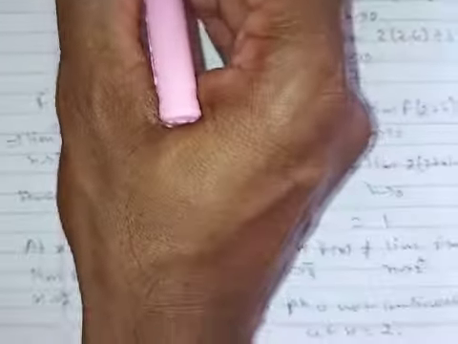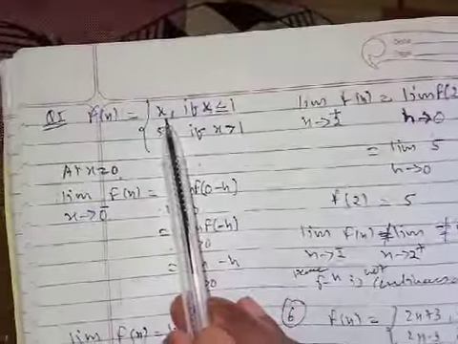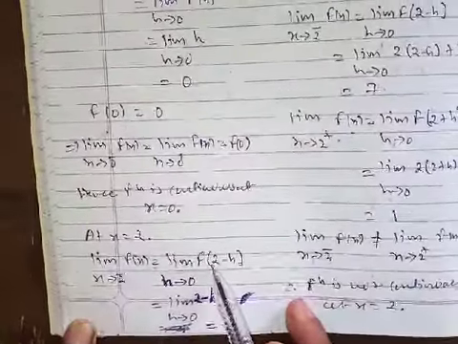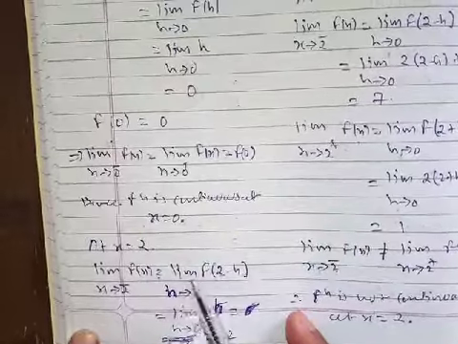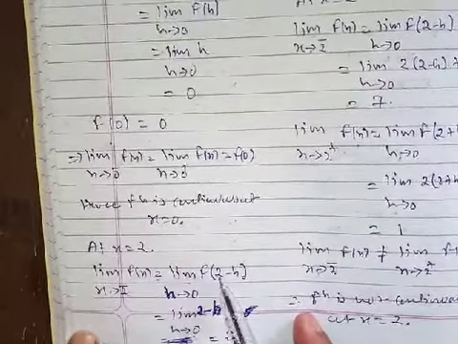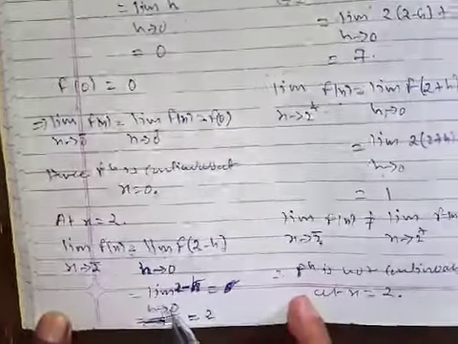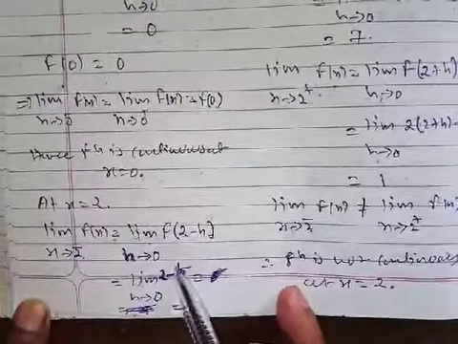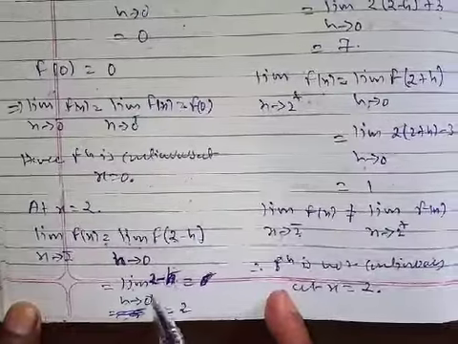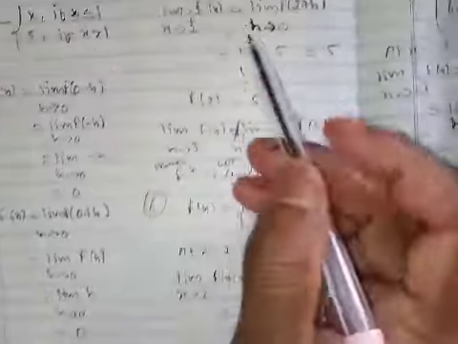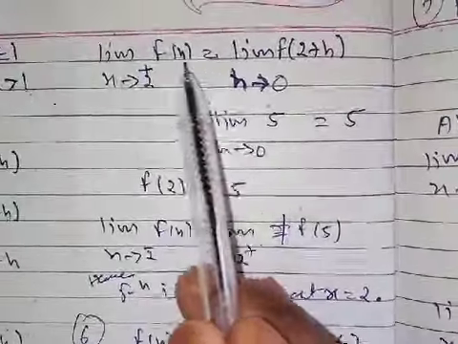What is that here in the question? x. So what are you going to write? Limit h tends to 0 f of 2 minus h is equal to limit h tends to 0 of 2 minus h, where you substitute h equal to 0, it tends to 0, so you will get the answer 2, is it?